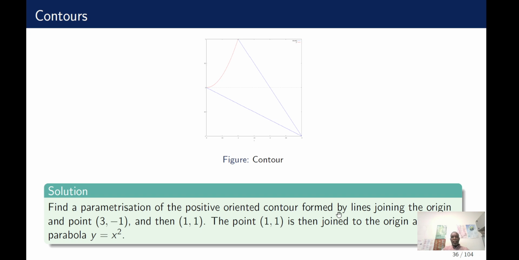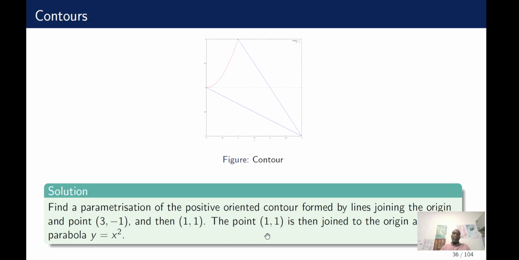So you want the line joining the origin, the point (-3, 1) and the point (1, 1). The point (1, 1) is joined back to the origin. That's the red line, by the parabola y equals x squared. So there are three segments which make up this contour.